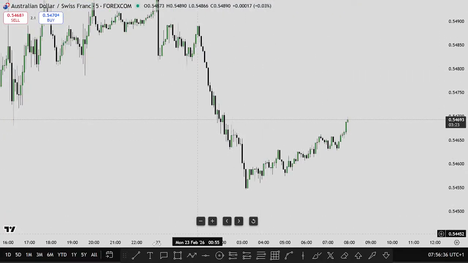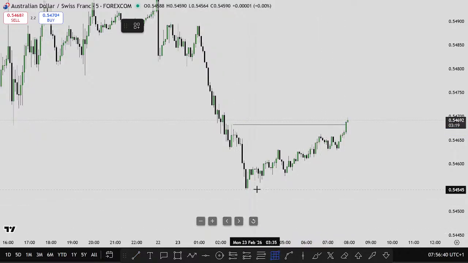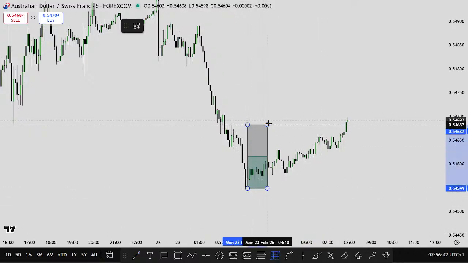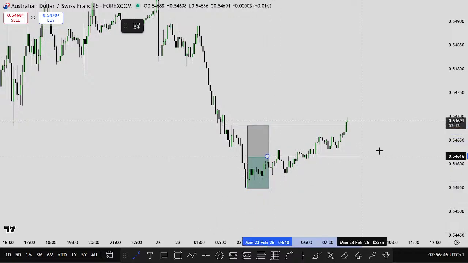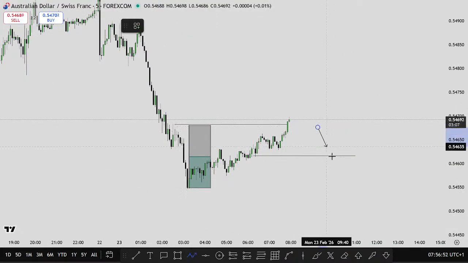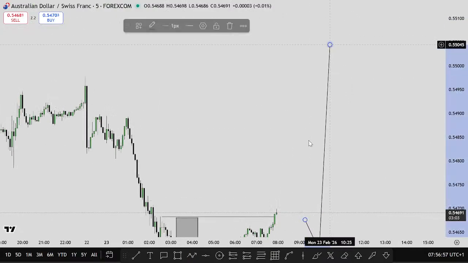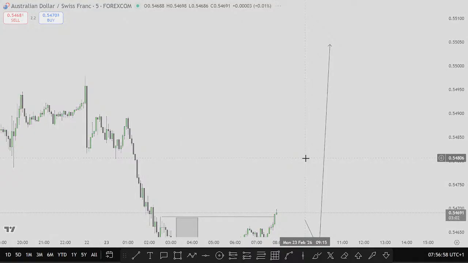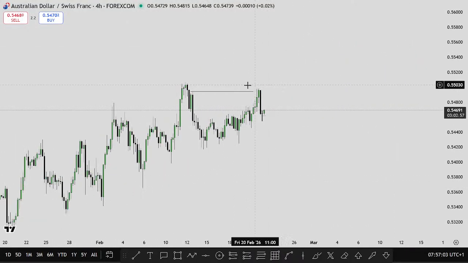The confirmation just occurred here, so there will be a pullback into the 50% zone, like this. There'll be a pullback here, then a buy continuation will take off from there. So the buy continuation will take off to the external high here.